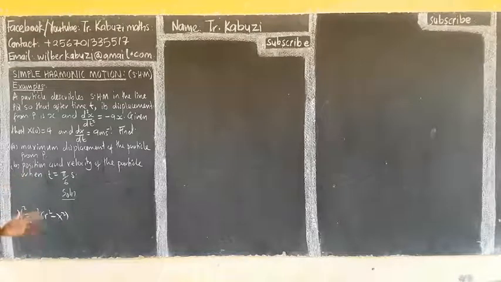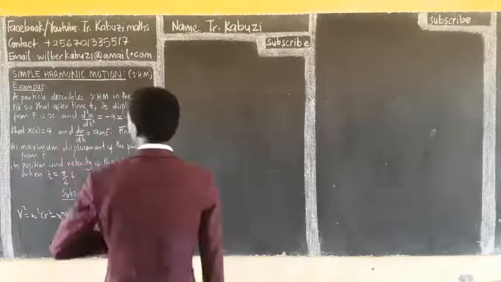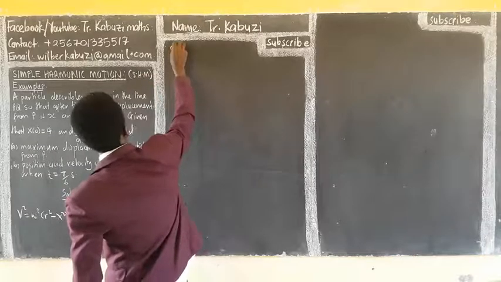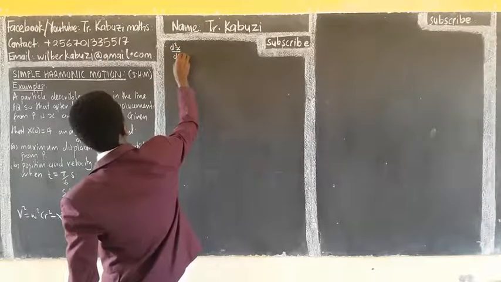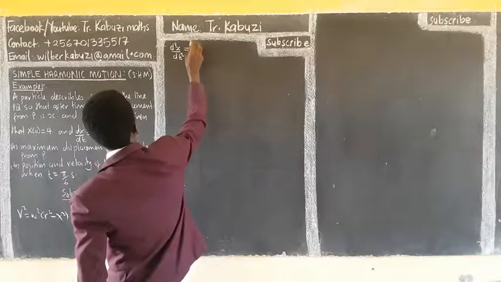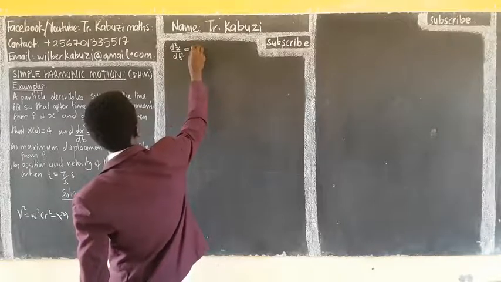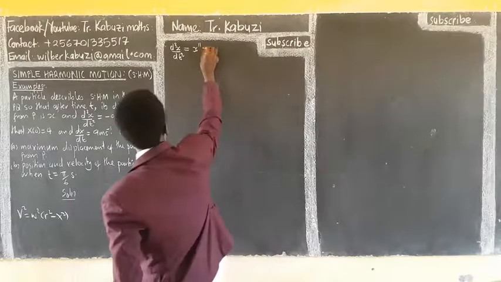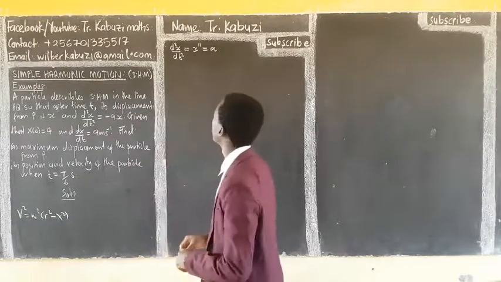But now we start with the summary of the question. We are told that d squared x dt squared is the same as x double prime, which is the same as our acceleration.